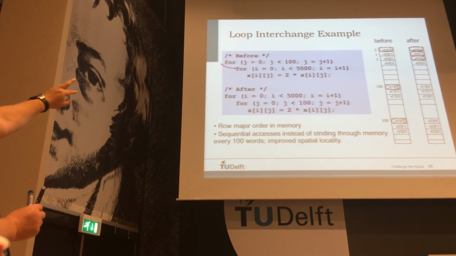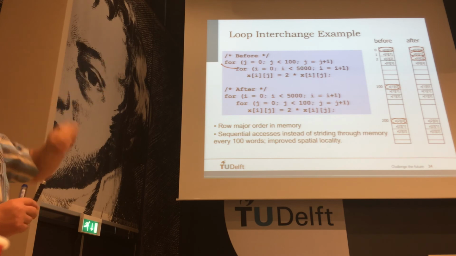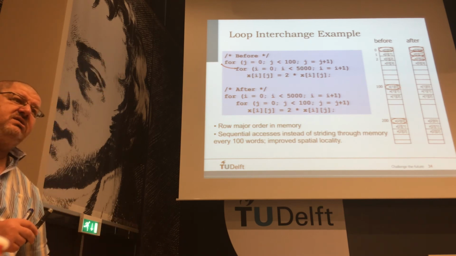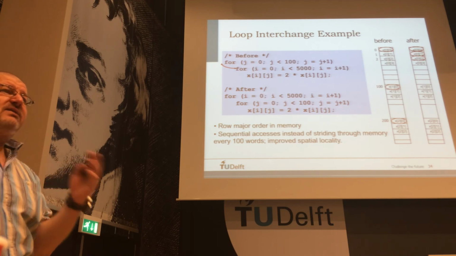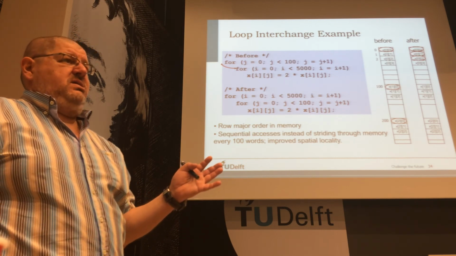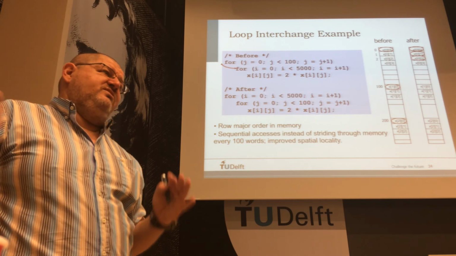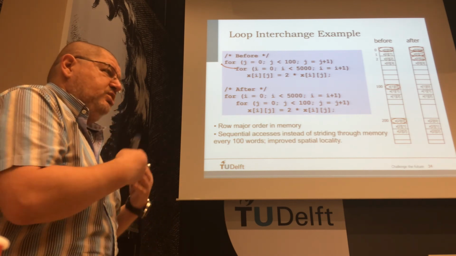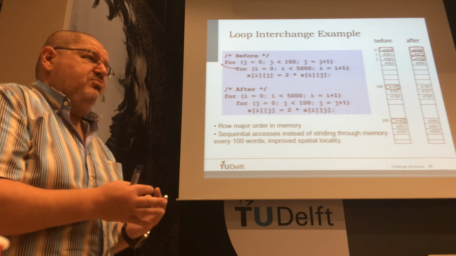Now what I can do is interchange the loops, and then I'm doing the right processing for the matrix. I'm processing it as it is stored. Again, that kind of thing we do not care about most of the time. And the way you store the matrix in the memory is very important.